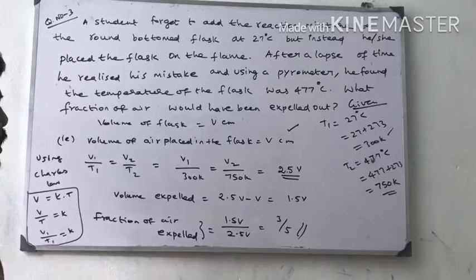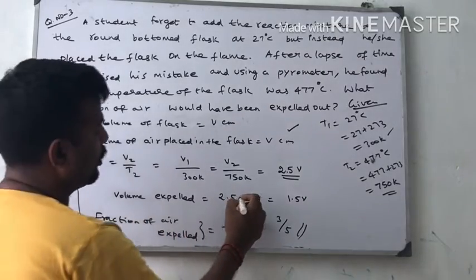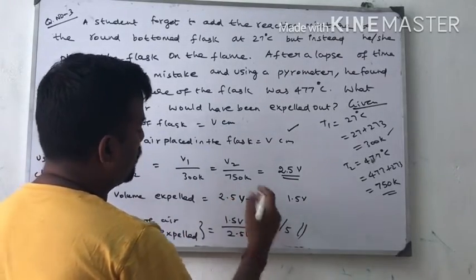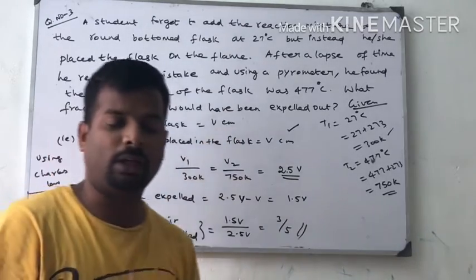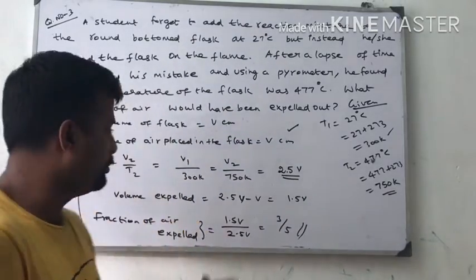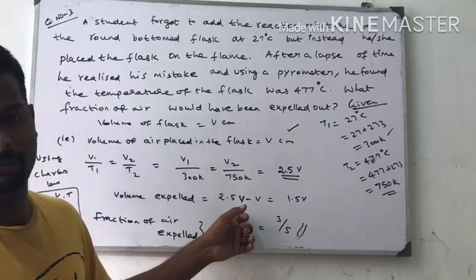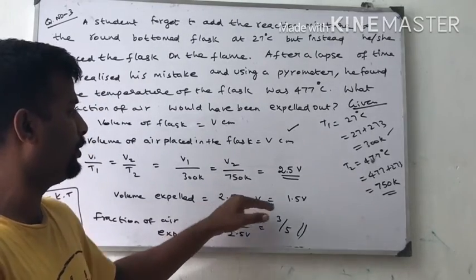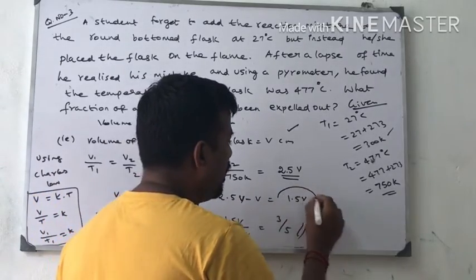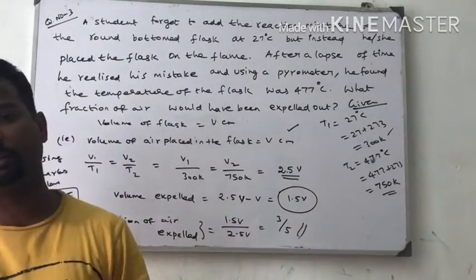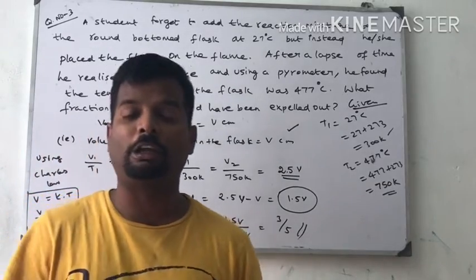The initial volume is V centimeter cube. Due to the action of temperature, the volume increased to 2.5 V. The difference between the final value and the initial value tells how much volume was expelled by heating.